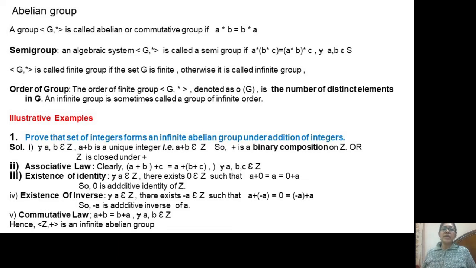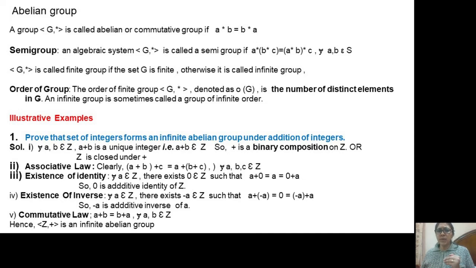So first let us check, is this operation a binary operation? Yes. We know that when we add two integers, the result is again an integer. So this operation of addition is a binary operation on the set of integers.